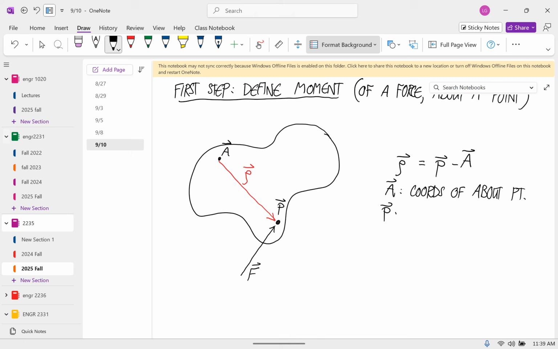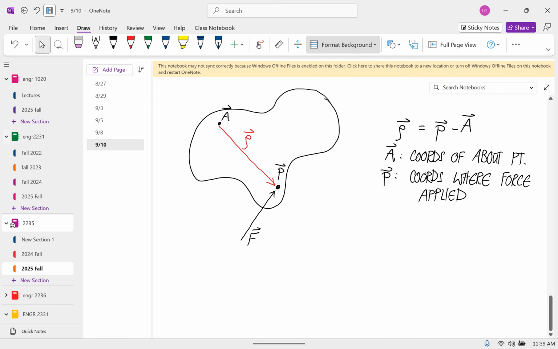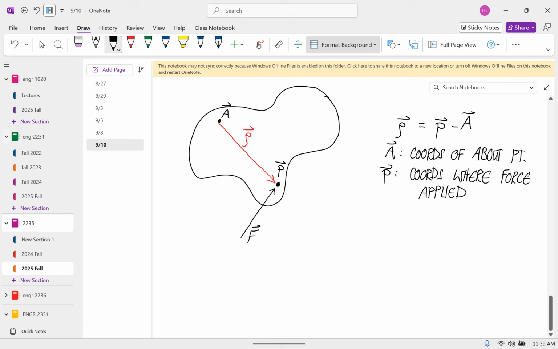P is the coordinates where the force is applied. And then with those definitions, the moment of that force F about A is a vector that's equal to rho crossed with F.